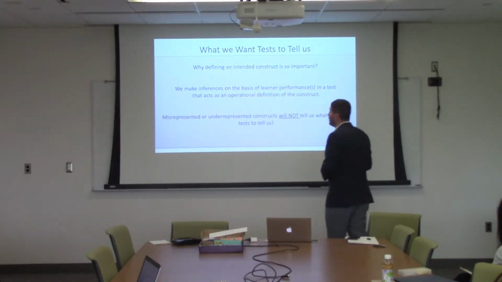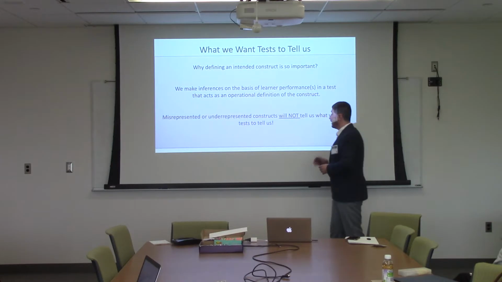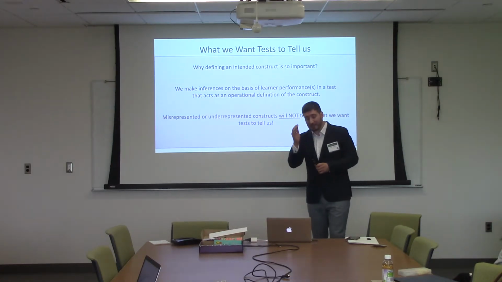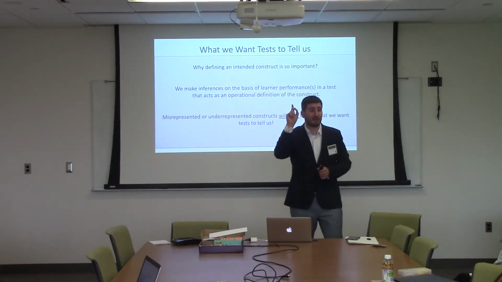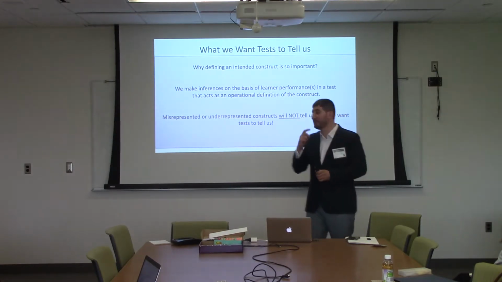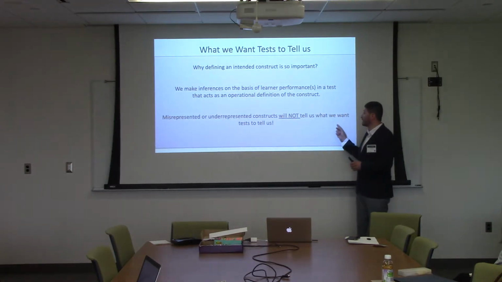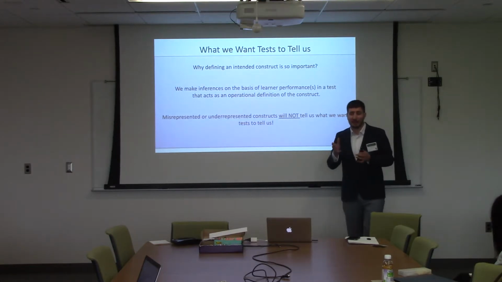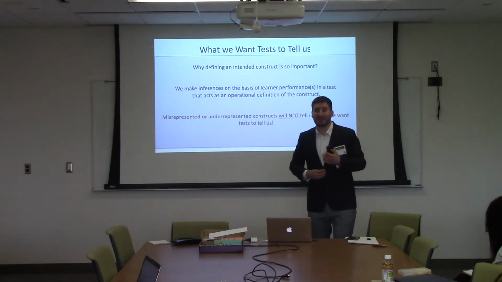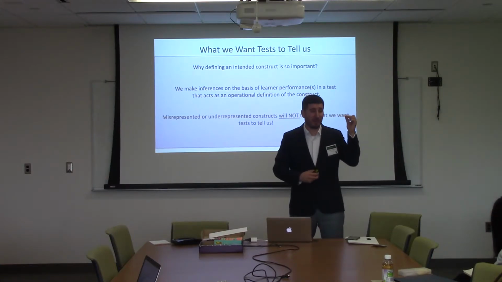So if the test is either misrepresenting that definition or underrepresenting it, then what is the problem? The test will not tell us what we want the test to tell us. Remember, once we write the test, we have something in mind. We want to know something about a student.